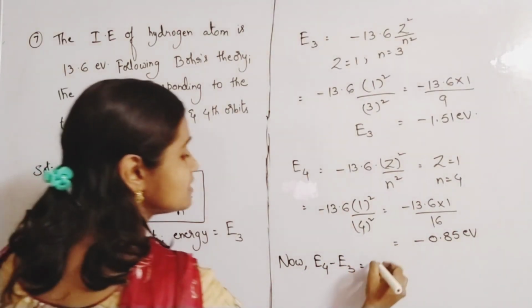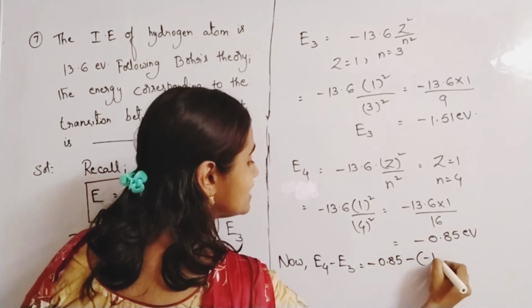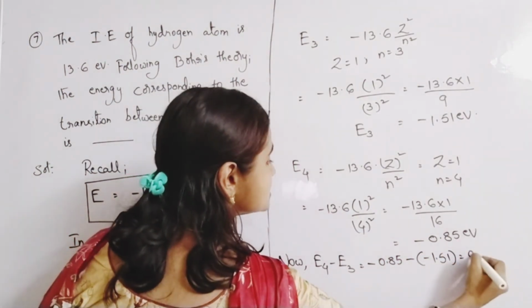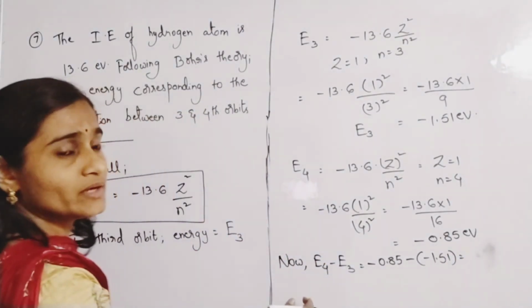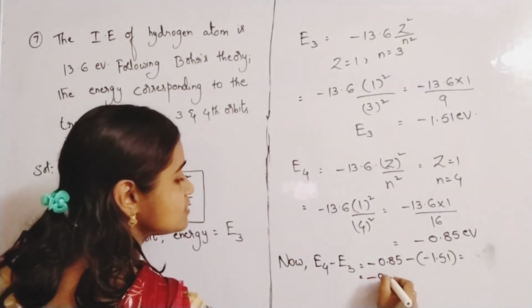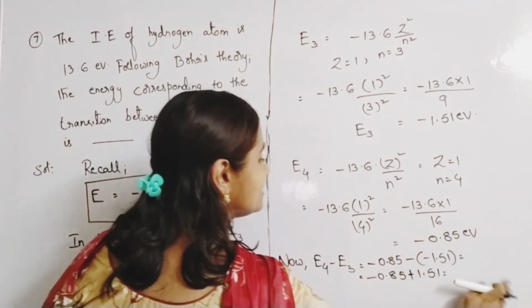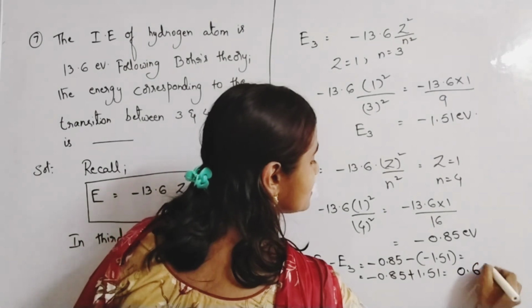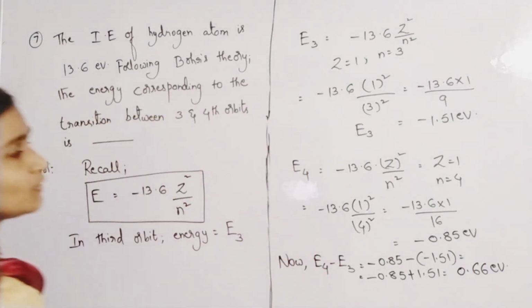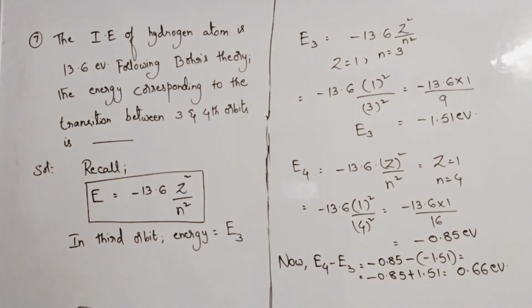So E4 is minus 0.85, E3 is minus 1.51, so it is minus 0.85 plus 1.51. If you calculate it, you will be getting 0.66 electron volts. So this is the energy consumed for the transition between E4 and E3.